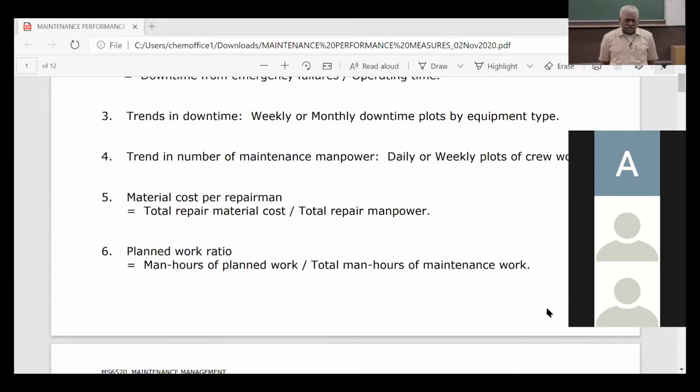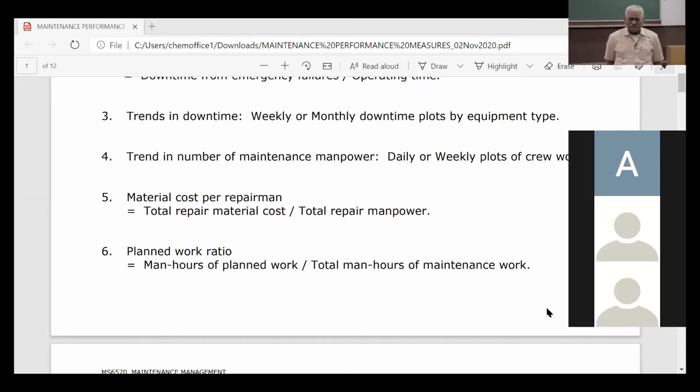Do you agree emergency failures will be one class of unplanned work? And they may consume a lot of time, in fact, much beyond your planned work. And in some instances, emergency failures can even intrude into your planned work, forcing you to postpone your planned work. That depends on the nature of the emergency failure. So that is why the denominator is greater than or equal to the planned work.